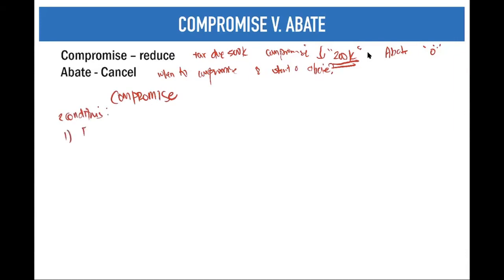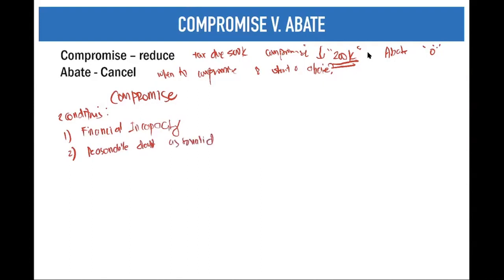The first, as we have discussed a while back, you can compromise due to financial incapacity, meaning you cannot pay the assessed tax.